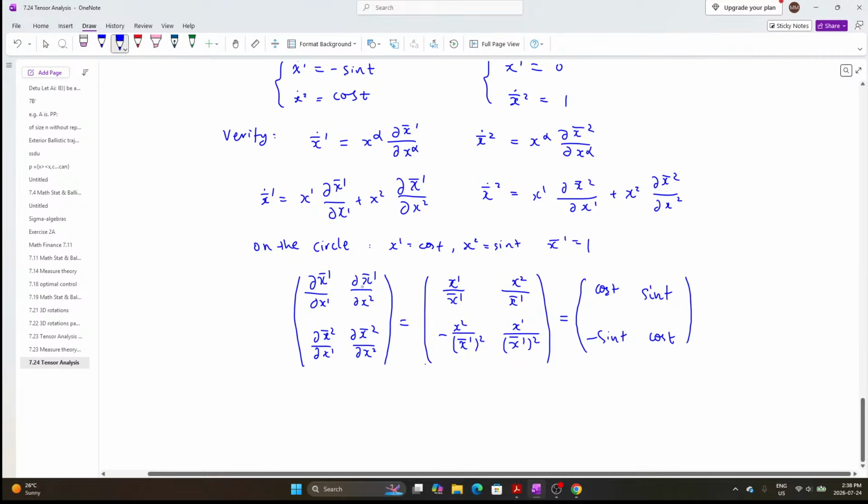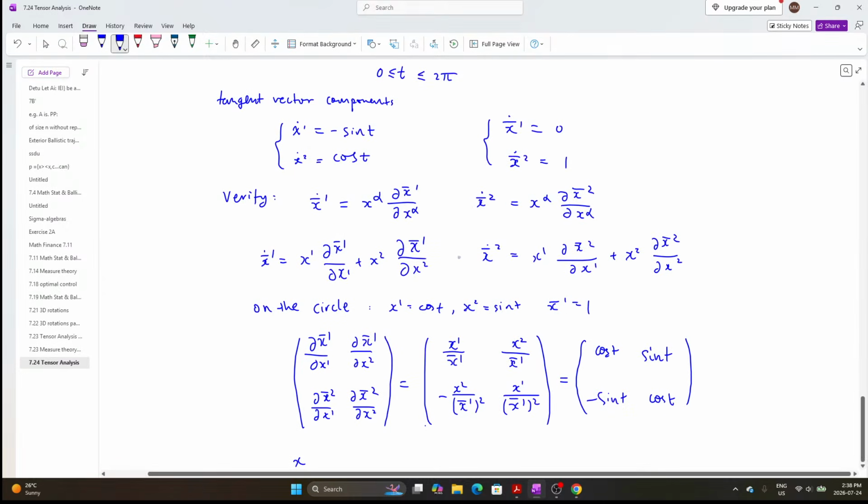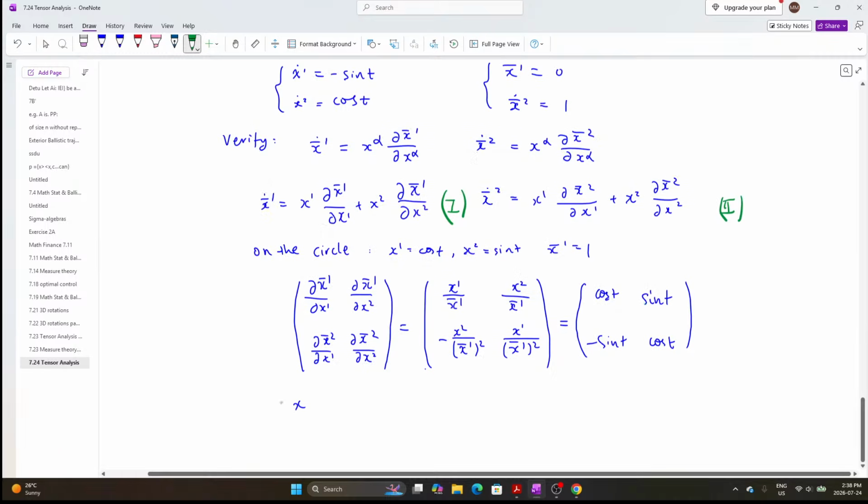All right, so let's call this equation 1 and equation 2. Let's verify 1. What is x1 bar dot?